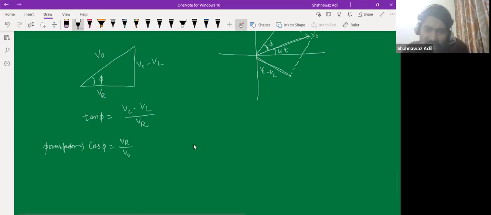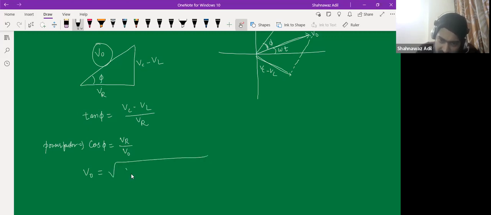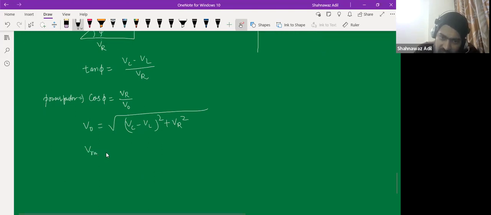Now we can also write the equivalent voltage as V equals the square root of VC minus VL whole square plus VR square. In RMS, VRMS would be the square root of VCRMS minus VLRMS whole square plus VRRMS whole square.